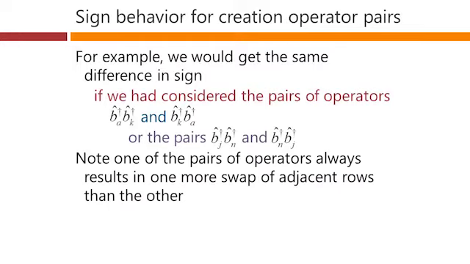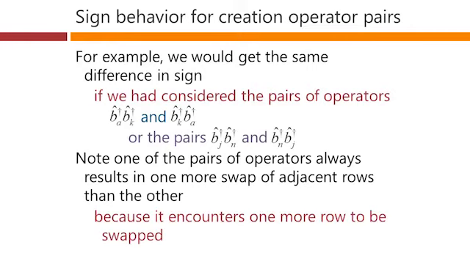Note that one of the pairs of operators always results in one more swap of adjacent rows than the other. So one of these pairs here results in one more row swap than the other one does, and the same is true for these pairs, because one of these letters is before the other in the alphabet, and hence it encounters one more row to be swapped.